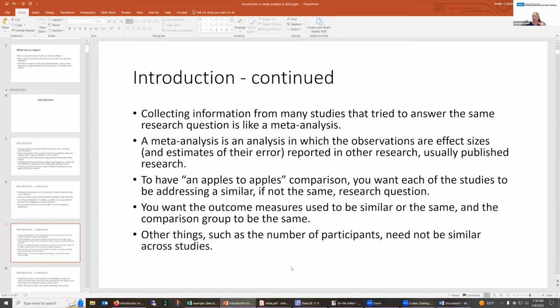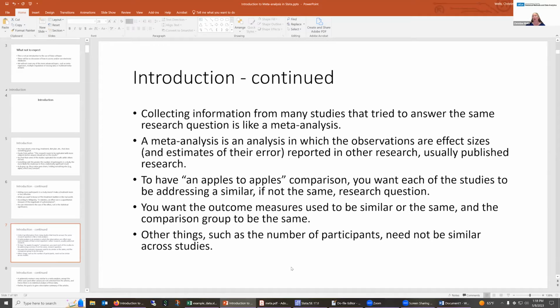But you do want them doing kind of the same thing. You want the same kinds of measures to be used, the same kind of outcome measure or the same kind of manipulations, whatever's going on. You want it to be similar across the studies that you're going to include in your meta-analysis.